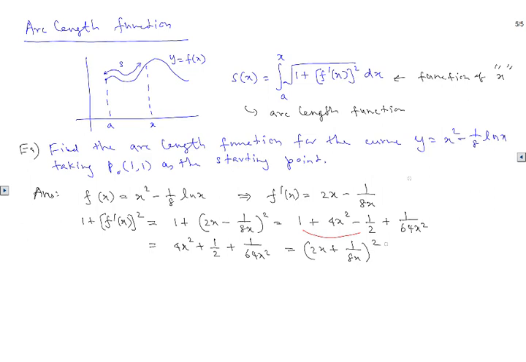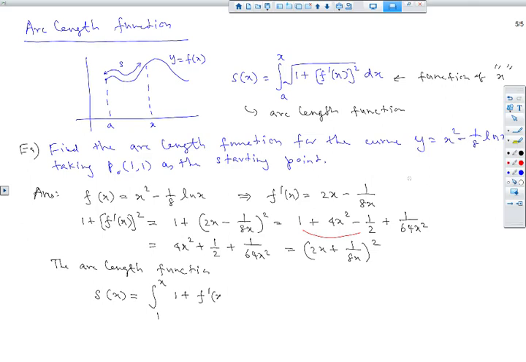Now we can write the formula. The arc length function, S(x), is simply, we're starting at 1, so it's 1 to x, and then we have 1 plus f prime. Now don't write x here as the variable, because we are using x as the limit.